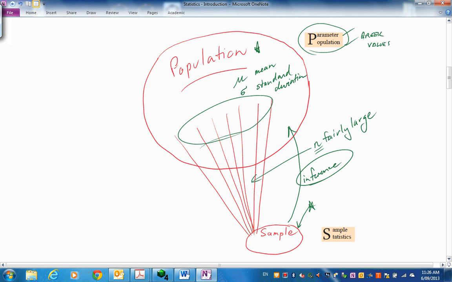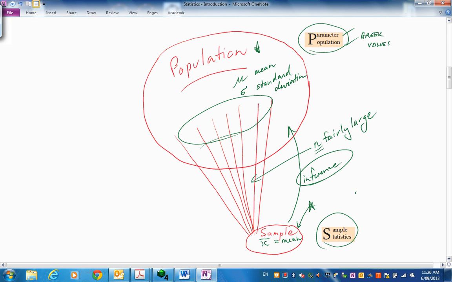Down here, again from Hayes and Harris, S for sample and S for statistics. In other words, when we get a small bundle and calculate a mean, we use this symbol, X bar, for the mean, and that's called a sample statistic. It's a statistic because it's taken from a sample to estimate the true value, which would be called the population parameter.